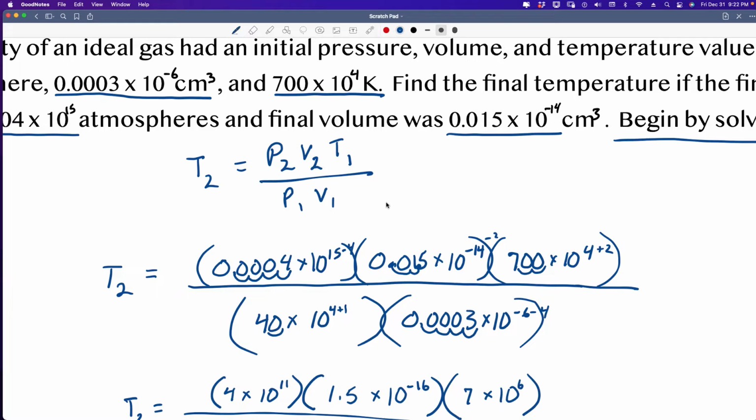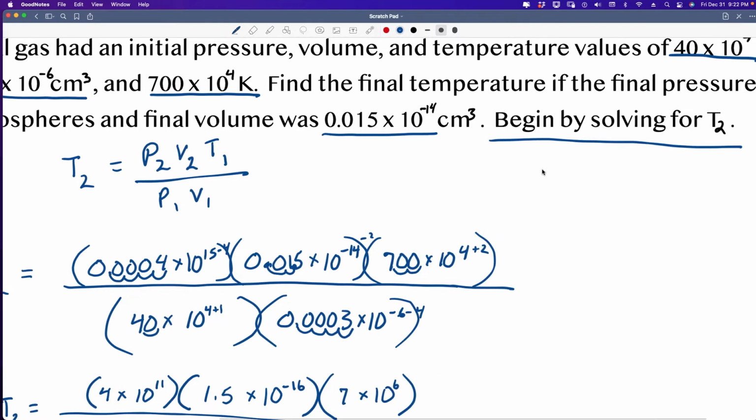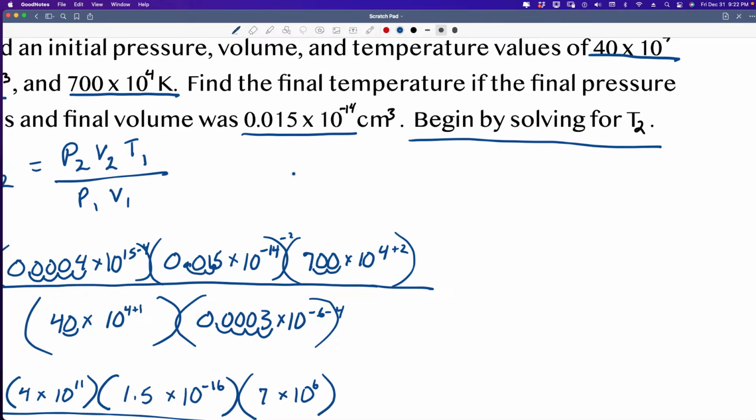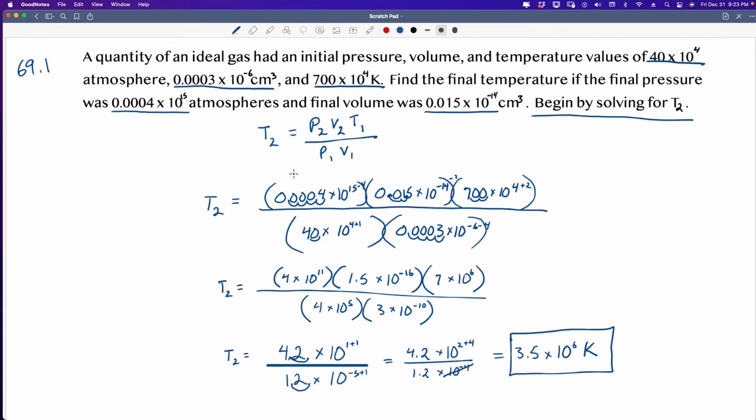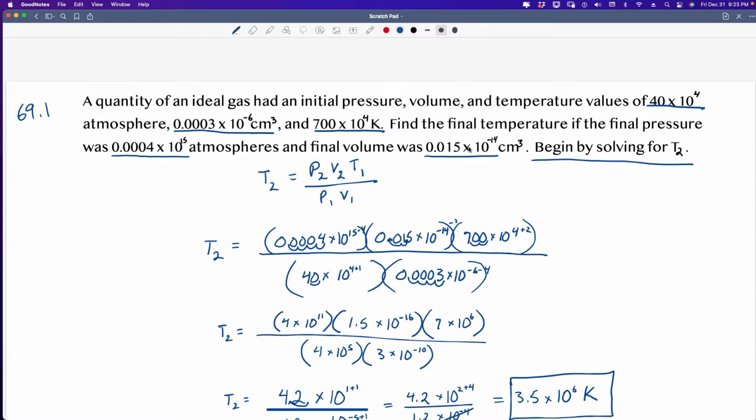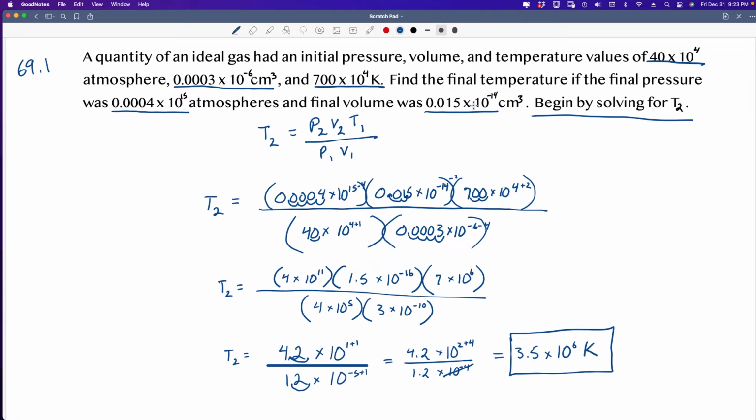We had to solve in terms of whatever it told us to solve in terms of. Okay, let me bring this back down so we can see the whole thing. So when it says find the final temperature, we know the final temperature is T2. So that's why it told us to begin solving for T2, because that is the final temperature, and that's what we were supposed to find.